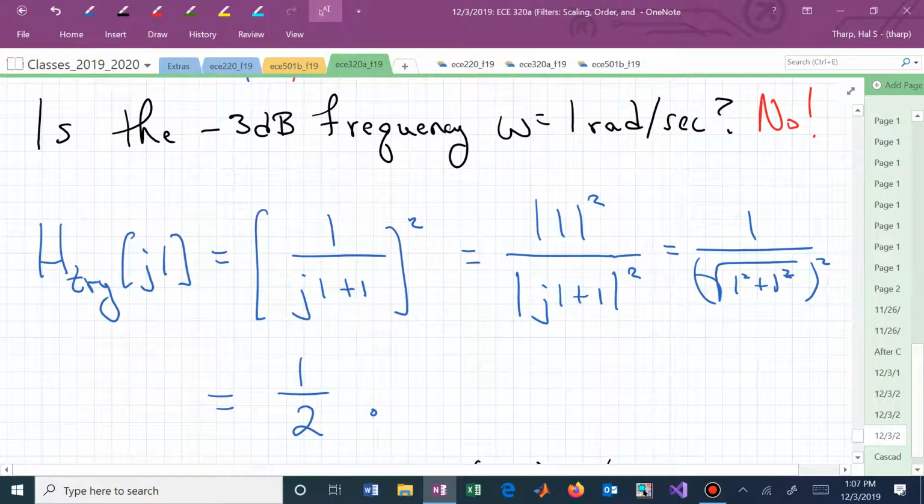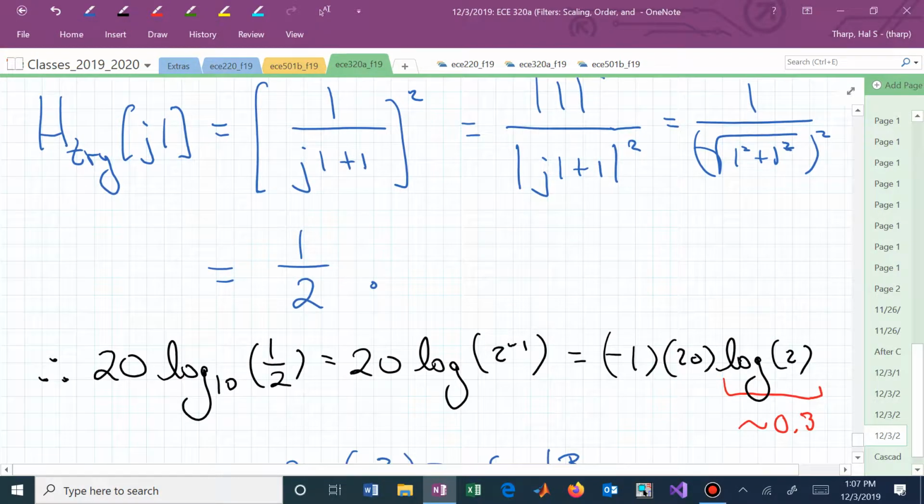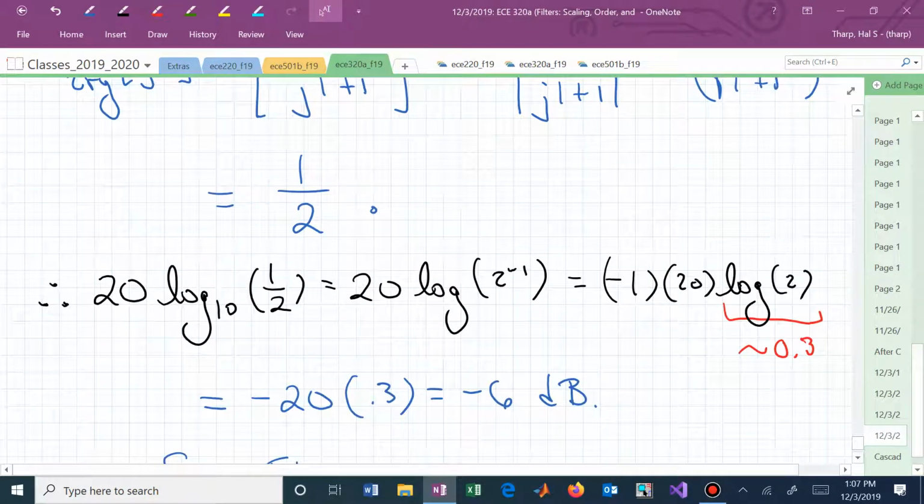But now, when we square the denominator, we're essentially getting rid of the radical, and we have 1 over 2, 1/2. Instead of being at 0.707 or 70% of where we were, now we're at half. So this is quite a bit lower in terms of attenuation at our desired location of omega equal to 1.